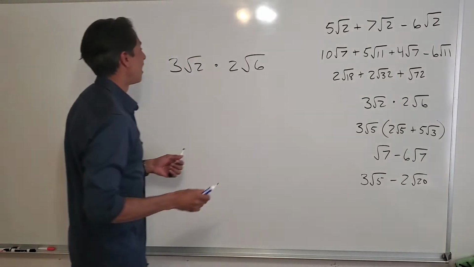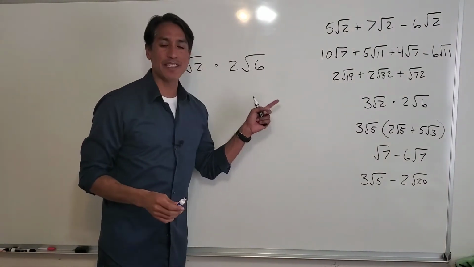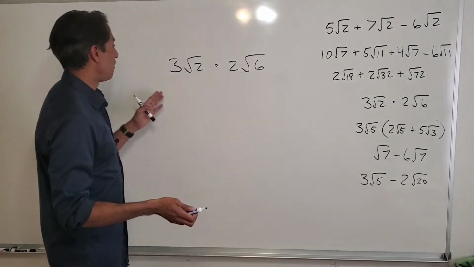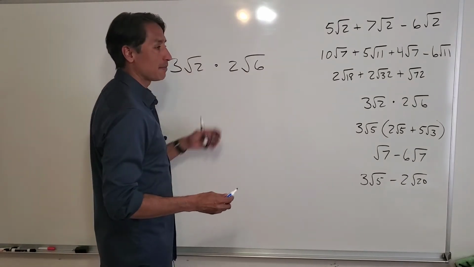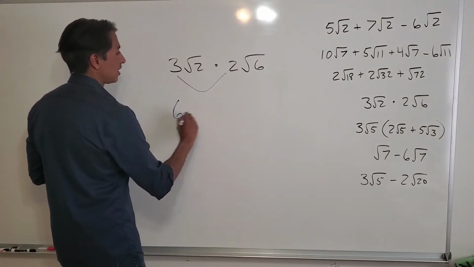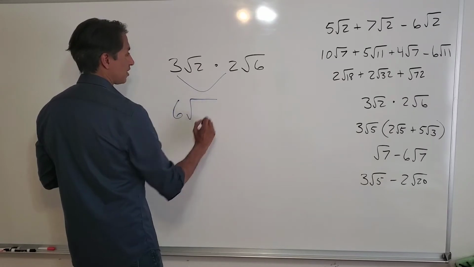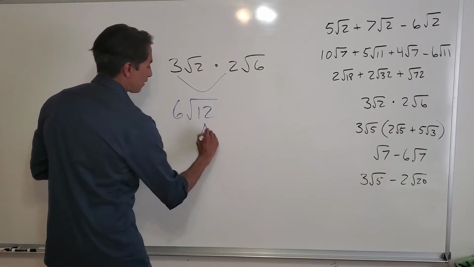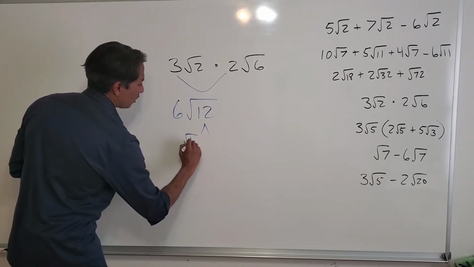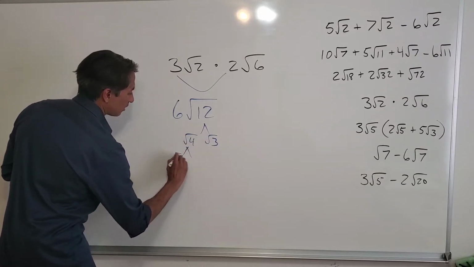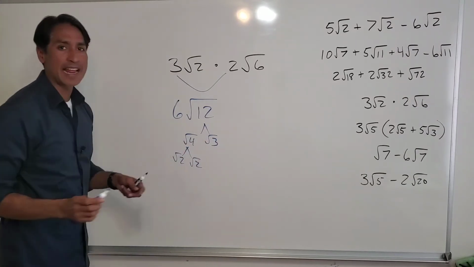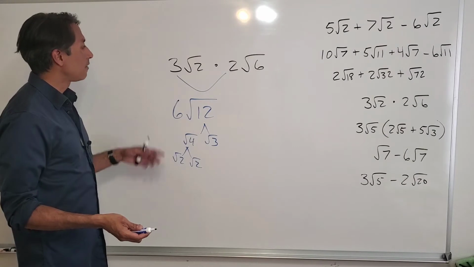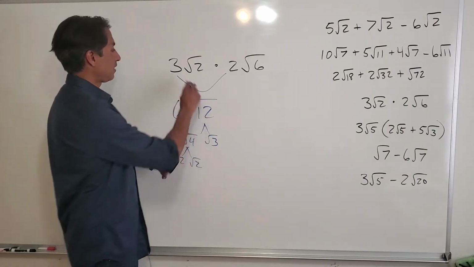Okay, anyways. Multiply this times this. 2 ways to do it. You could just multiply the 3 times the 2 and get a 6. Multiply the 2 times the 6 and get a 12. Factor your 12 and get a 4 and a 3 and a 2 and a 2. Again, I know I'm going kind of quick, but all I'm doing is combining like terms, right?